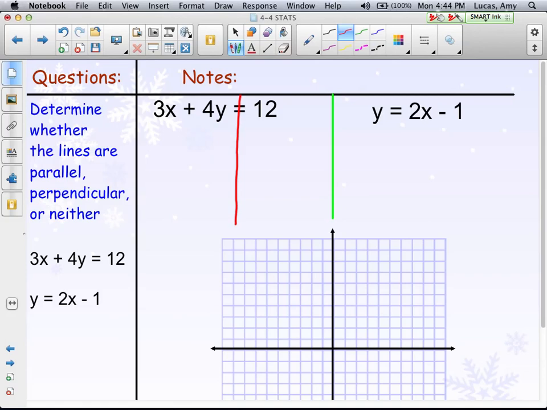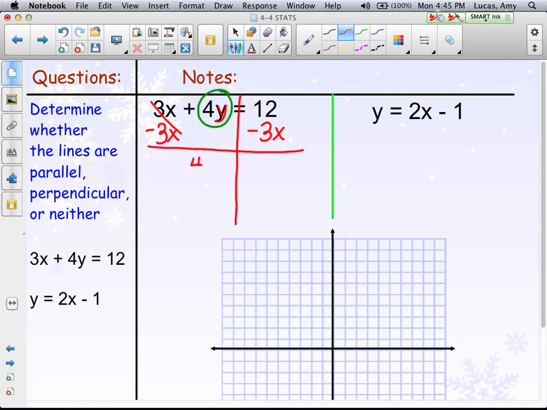I need to get the y by itself for slope-intercept form. So back in chapter 2, we worked on the married couple idea, like this 4y, we want to leave them together for now. 4y plus 3x, I would need to subtract 3x on both sides to get the y by itself.